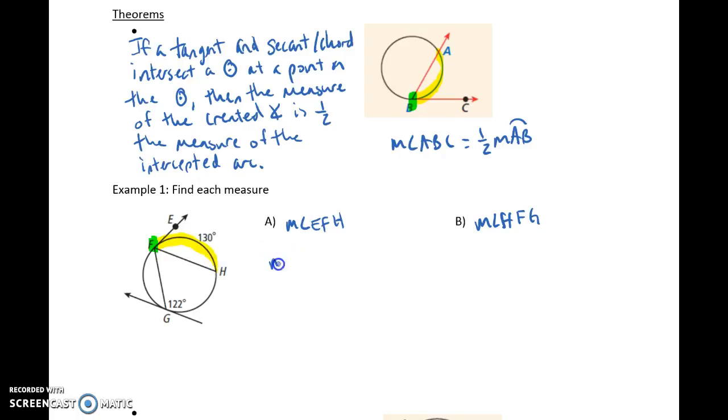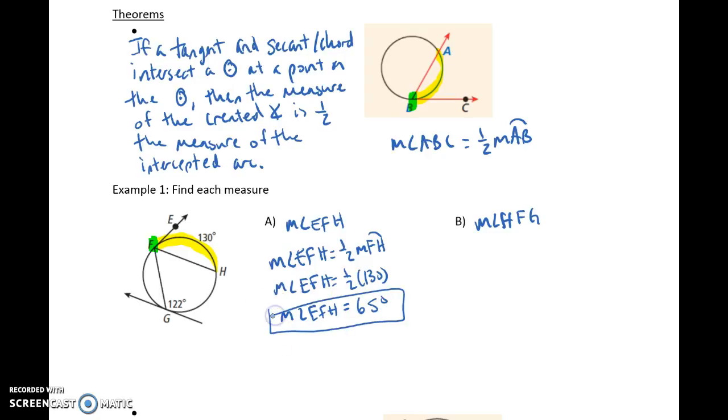So pretty straightforward. The measure of angle EFH should be 1/2 of that arc, FH. So we're just going to take 1/2 of 130. That should give us 65 degrees.